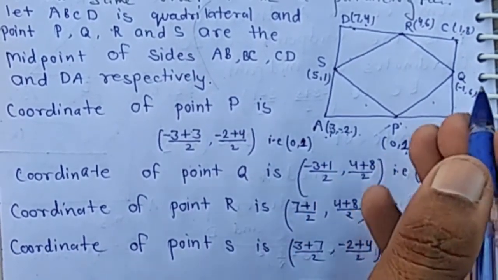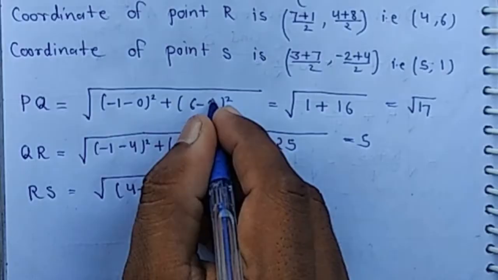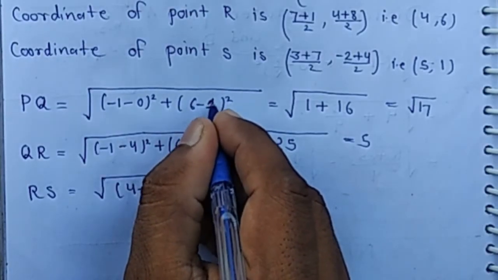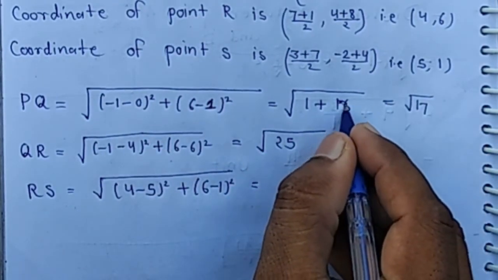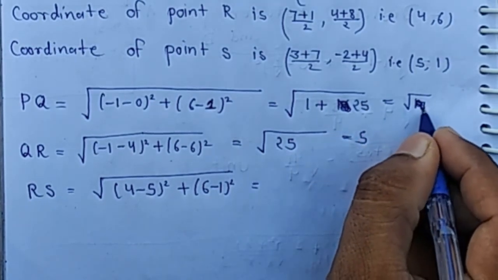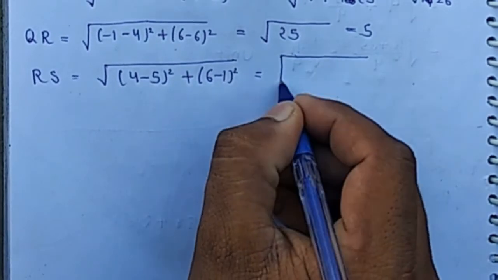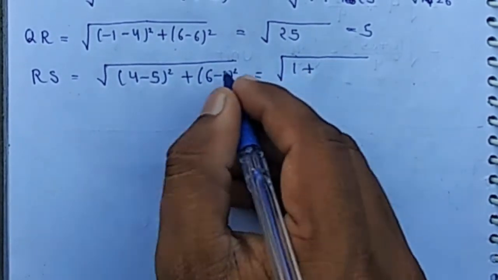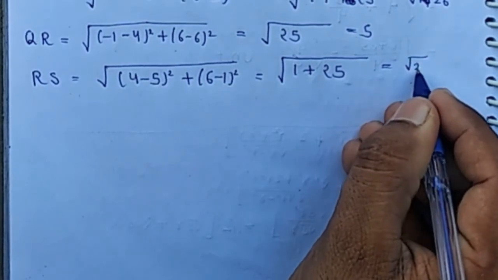Minus 2 plus 4 by 2 means 2 by 2, which is 1. Then it is 6 minus 1, square, and it is 25. Now we have 1 plus 25. It is square root 26.